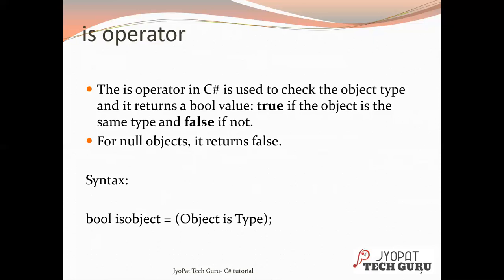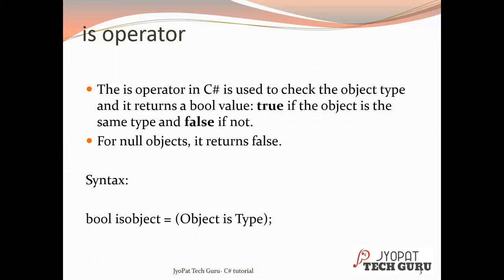The first one is the is operator. The is operator in C Sharp is used to check the object type, and it returns a Boolean value: true if the object is of the same type and false if it is not. With the is operator, within a program I can check whether the objects of the classes are behaving like a particular type or not.